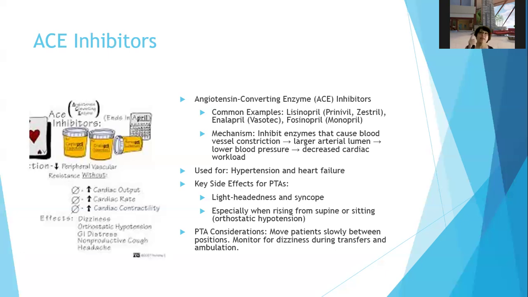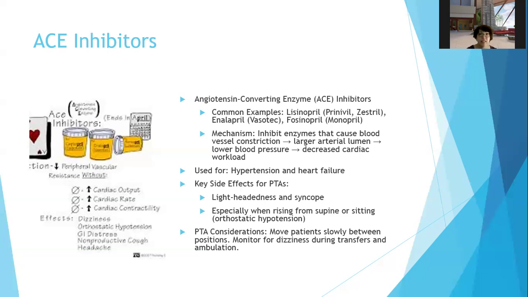So if you have an inhibitor of those ACE enzymes, it stops that blood pressure increasing cycle. You have a larger arterial lumen and it lowers blood pressure, so you get a decreased cardiac workload. That's why it's used for hypertension and for heart failure.